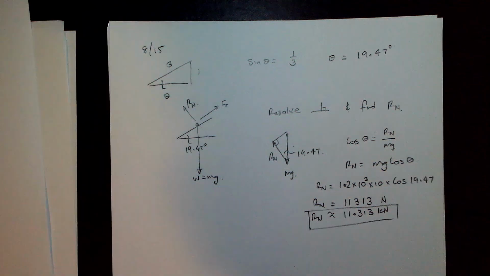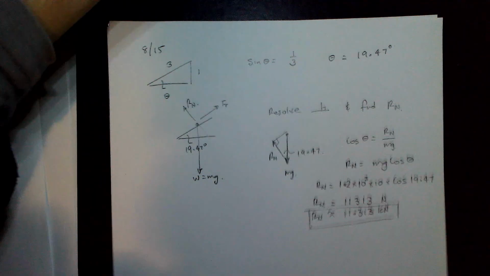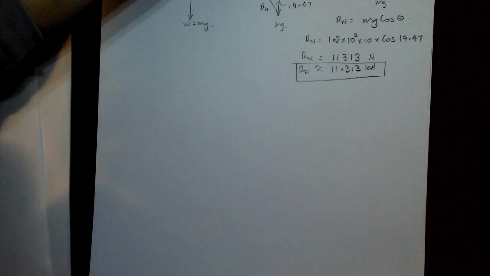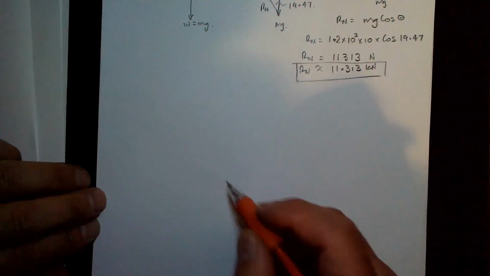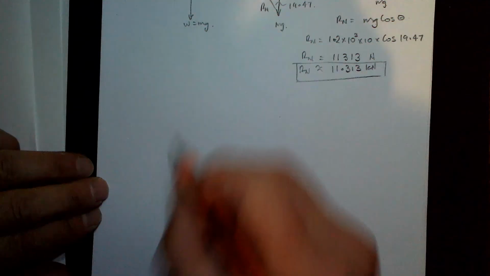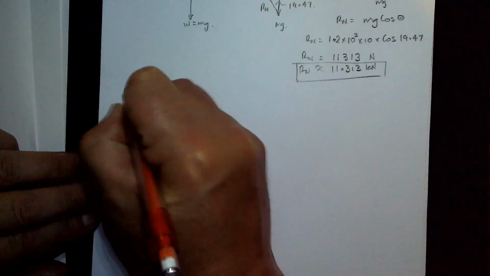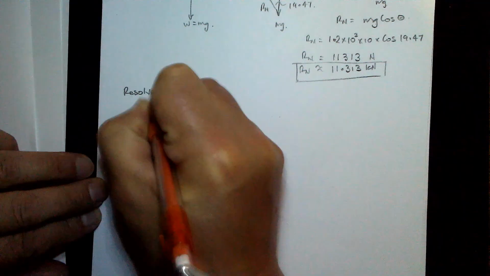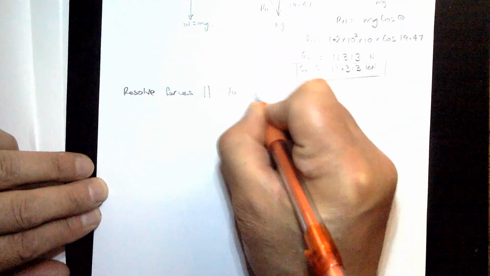Okay, the next thing I need to calculate is the frictional force. The frictional force is acting parallel to the slope, so we're going to resolve forces parallel to the slope. What do we have?